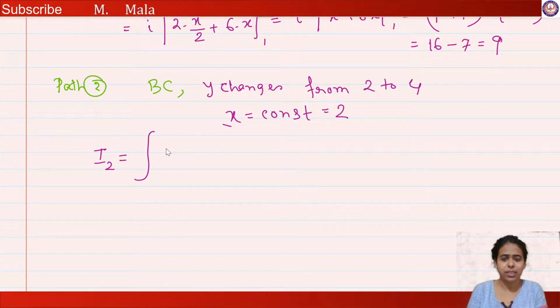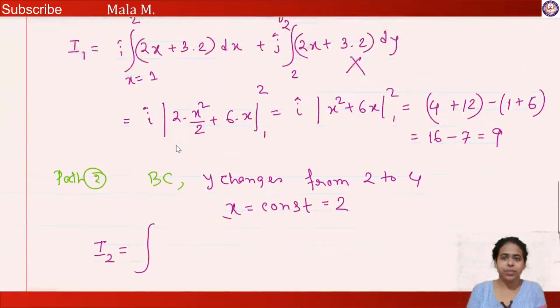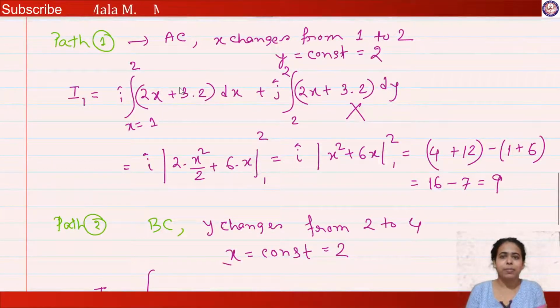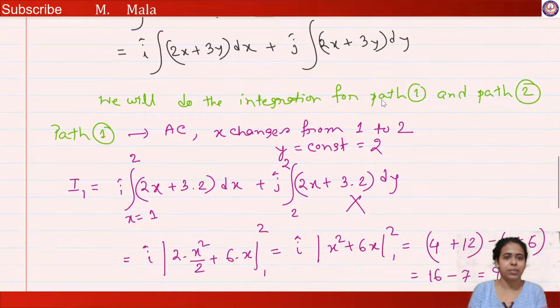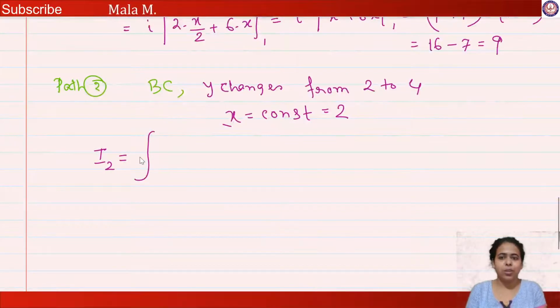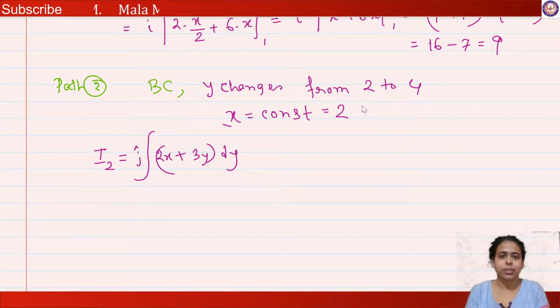What was our integral? Our integral was 2x plus 3y dx. Here, since x is constant, the dx term will vanish, and the dy term will be present. So I will just write down the second part, 2x plus 3y dy. Simply dx is equal to 0 here, and y varies from 2 to 4.